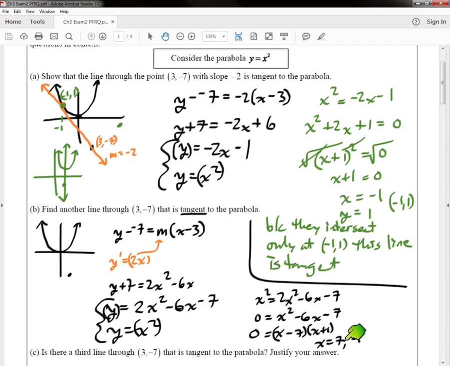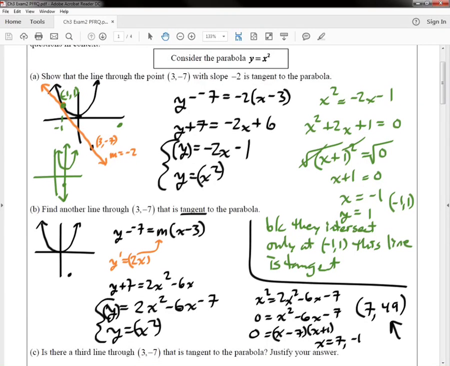Fascinating. So this 7 right here, I would have to plug that back into one of these to find the y value for it. I have a 7 and a 49. If I plug it into the x squared, that's what I get. This is the other point that you need to form this second tangent line.